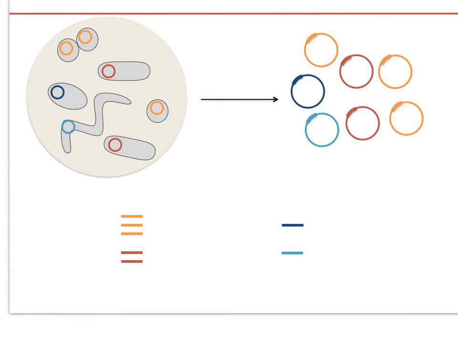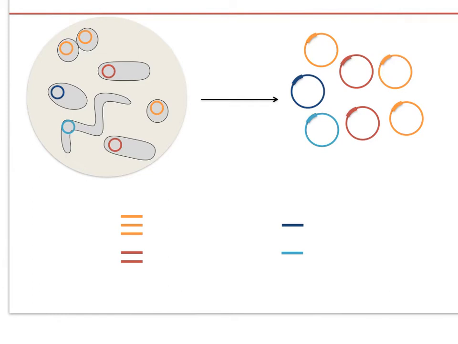and what we end up with is a PCR product, and our PCR product is from all of the different organisms in our sample. The number of different times we see a particular PCR product tells us about the abundance of each organism. So in this case, we have 3 orange, and so we get more PCR product from the orange ones than we do the others.